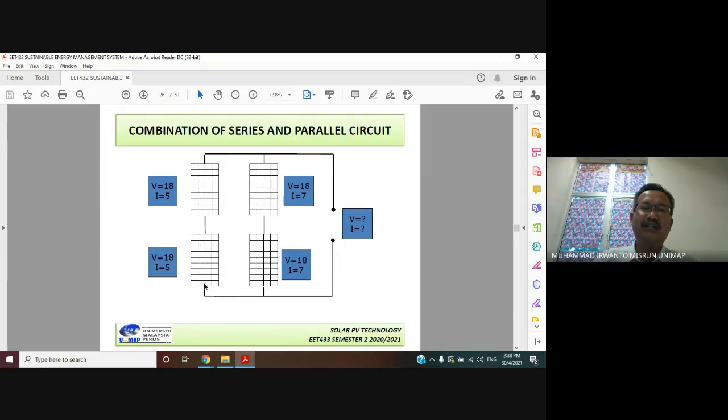How about the current? This string will generate current 5 amperes, and this one 7 amperes, and this part will be 5 plus 7, 12 amperes.